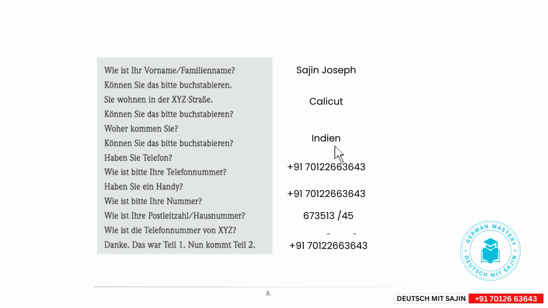I, N, D, I. Now the telephone number. We usually must add the country code as well. Since I am from India, the country code is +91. Then comes the number 7012 26 63 643.